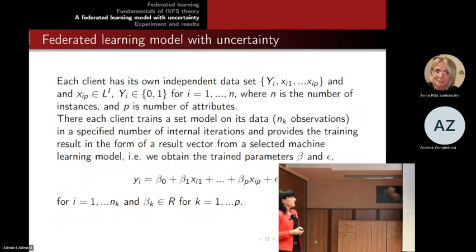And we train for our assumed number of iterations, and we calculate and find trained parameters, called here B. This vector of parameters is aggregated in the server, which we need for some decision making, where we calculate based on these parameters and input attributes, input values for each object.